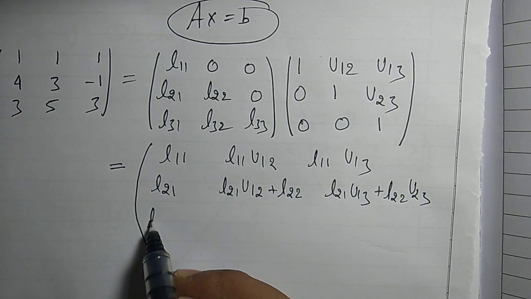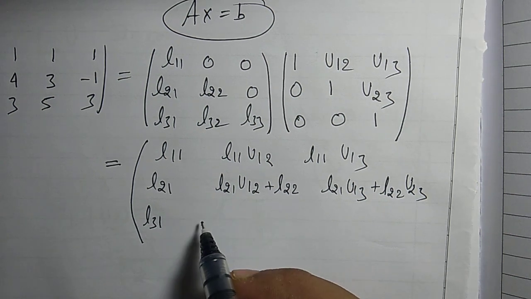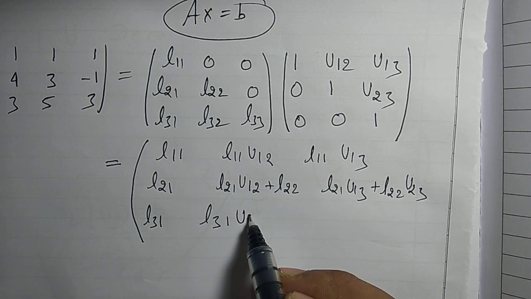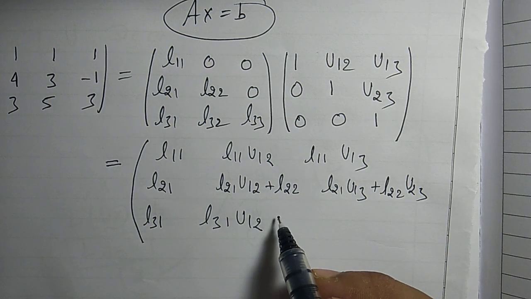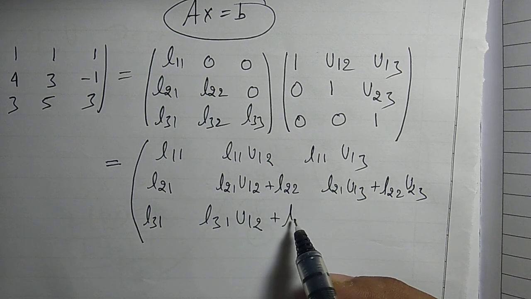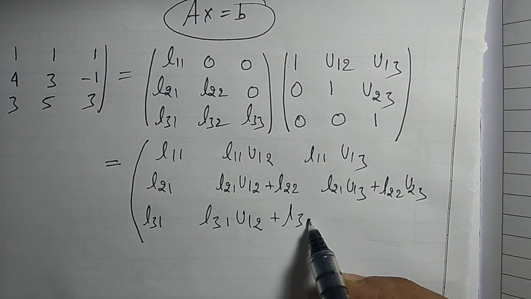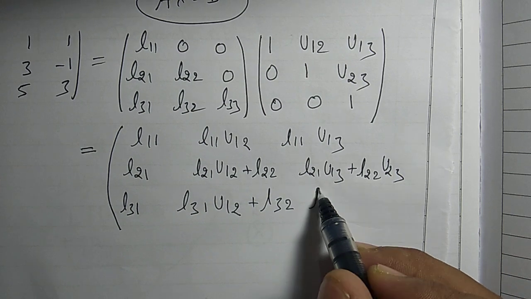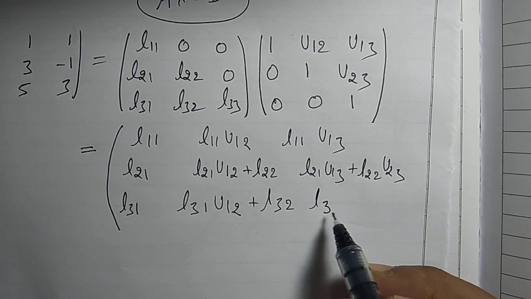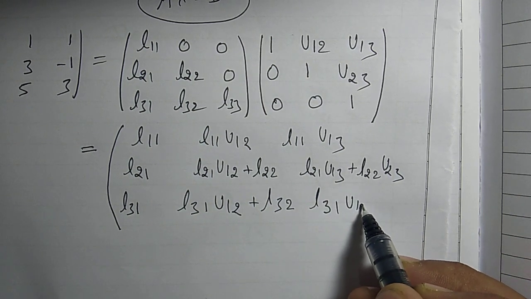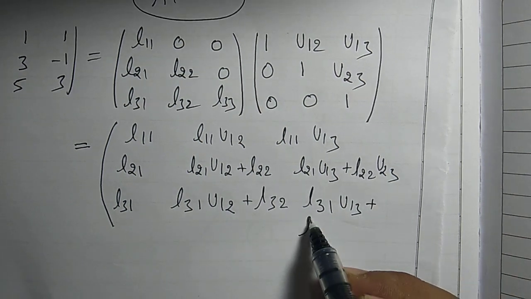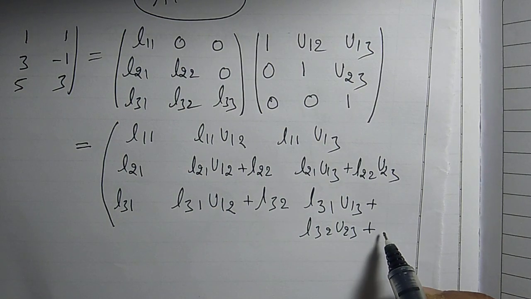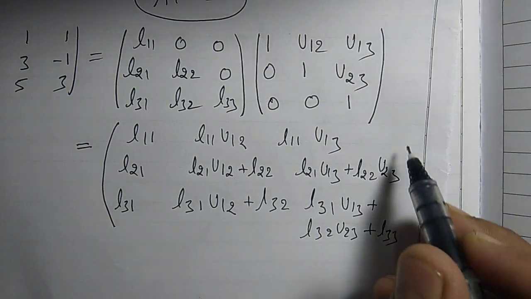The third row is L31, L31 U12 plus L32, and L31 U13 plus L32 U23 plus L33.